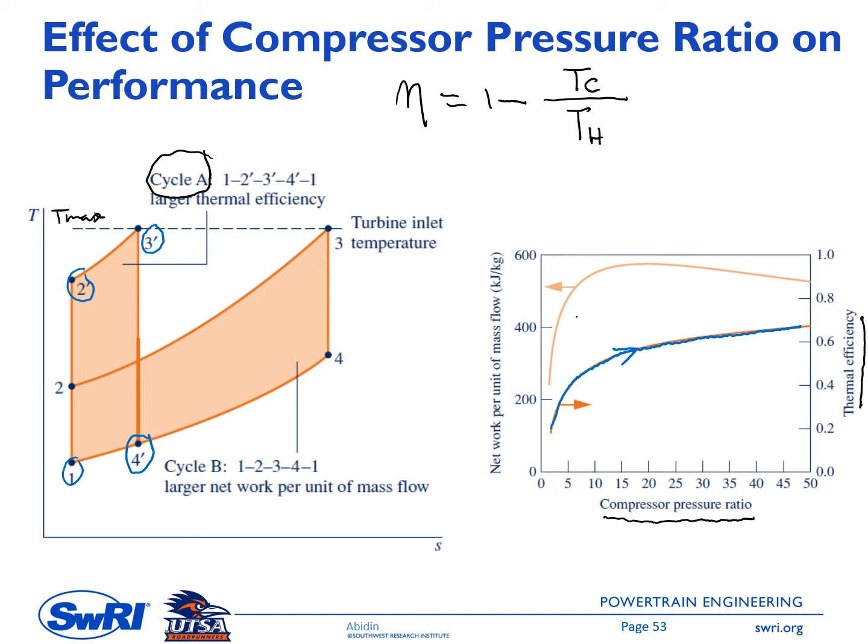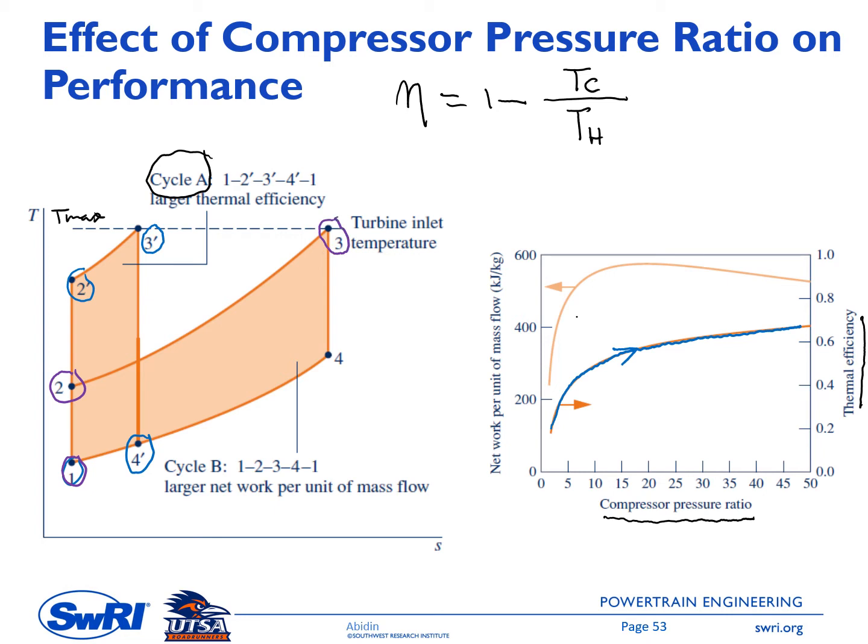And in the second scenario, I can sacrifice some of the thermal efficiency, but I will get a higher net work per unit of mass flow. In the second scenario, which is called cycle B, the system design consists of, I put the purple line here, points 1, 2, and then 3.